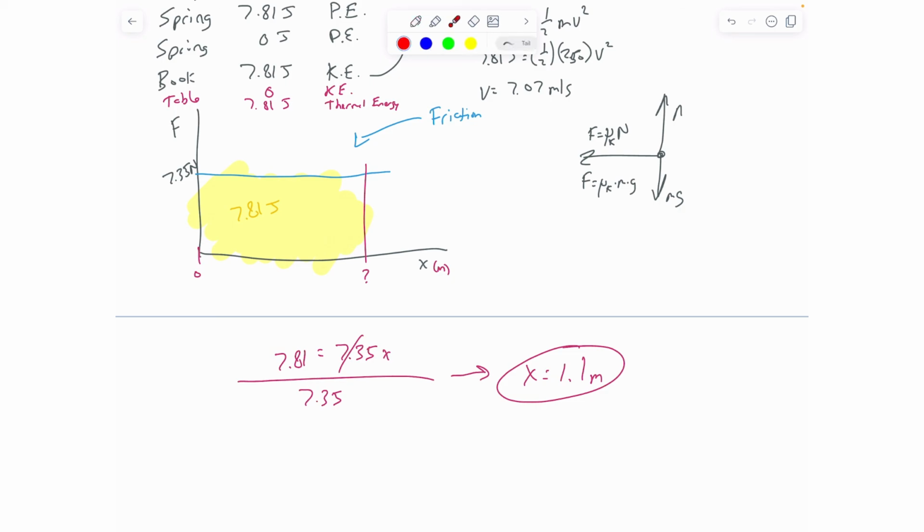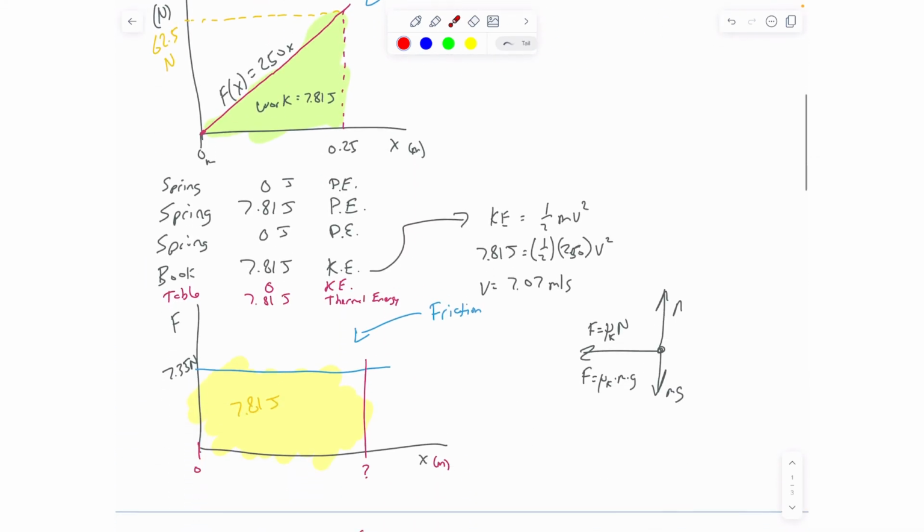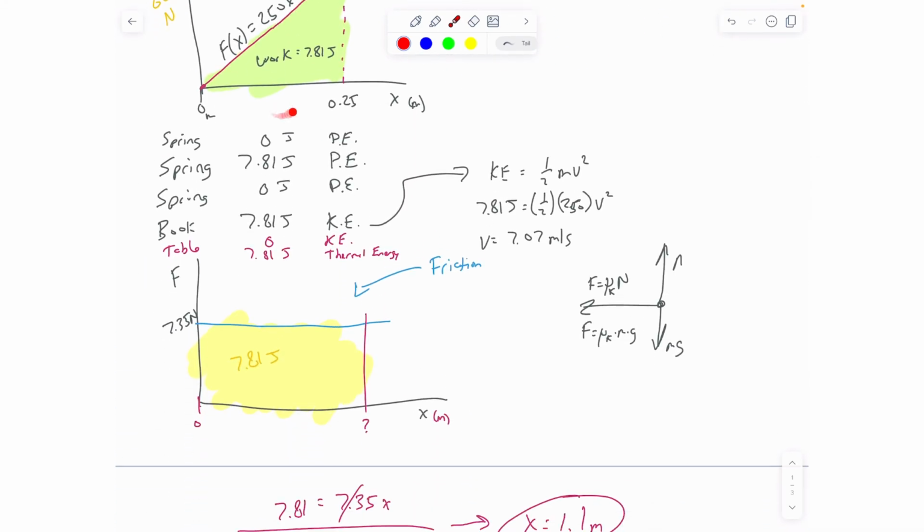It's drained all this energy. And how long did that take? Well, not how long, but how much distance did it take? 1.1 meter. Like I said, there are other ways of solving this, but I just want to solve this using work and energy.